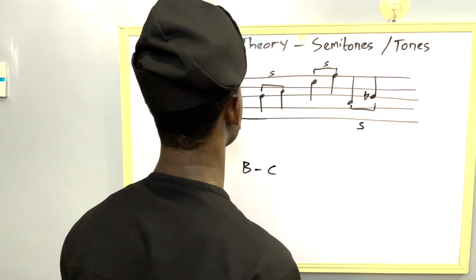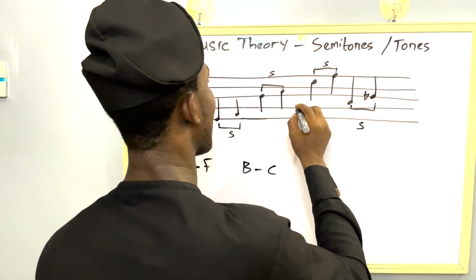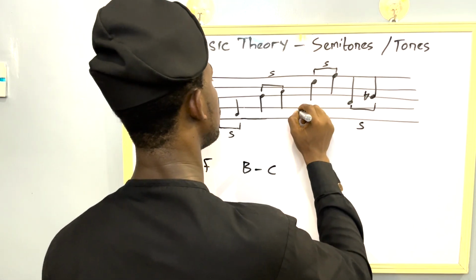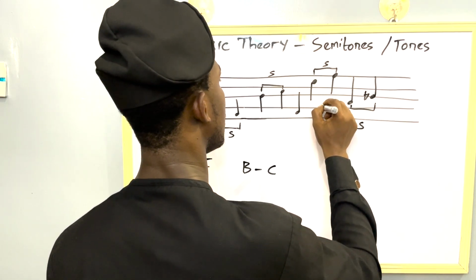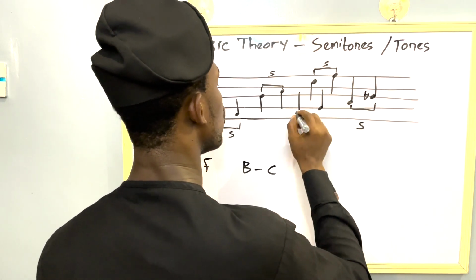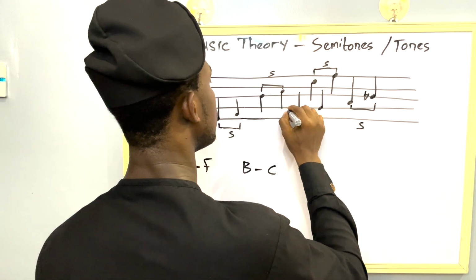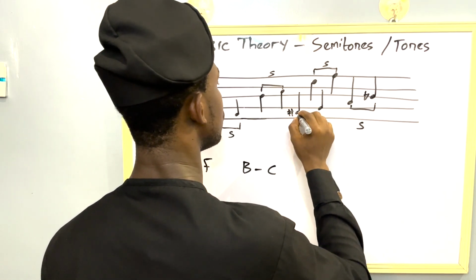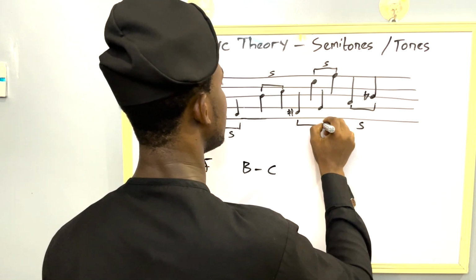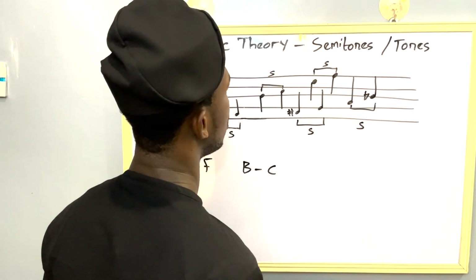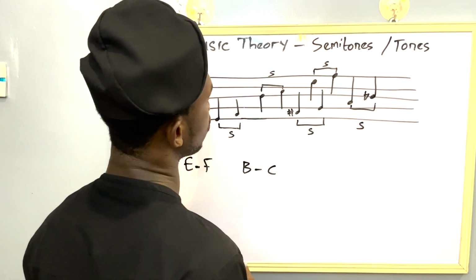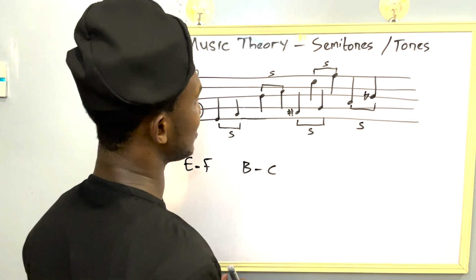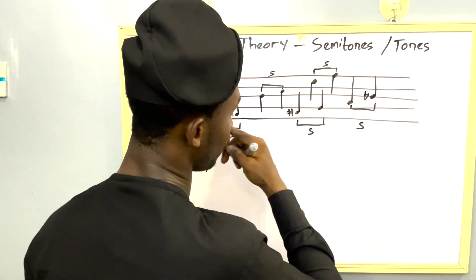You can have F to G here. This is a tone. So what you can do is put a sharp here to give you F sharp to G, which will give you a semitone here. So those are the ways to factor in accidentals to give you semitone movements.